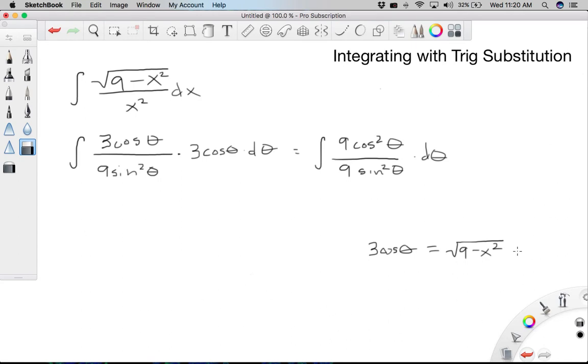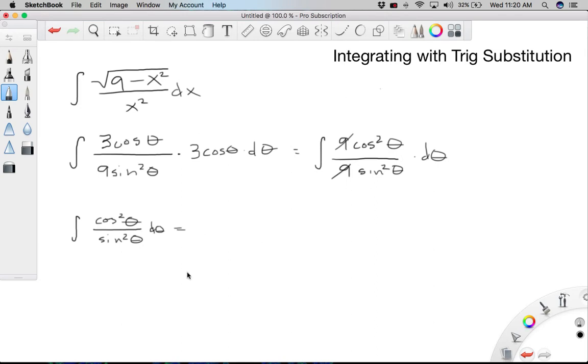I don't think we need them anymore. Well, obviously these 9s are going to cancel out. 9 divided by 9 is just 1. And we would be left with the integral of cosine squared divided by sine squared of theta times d theta.